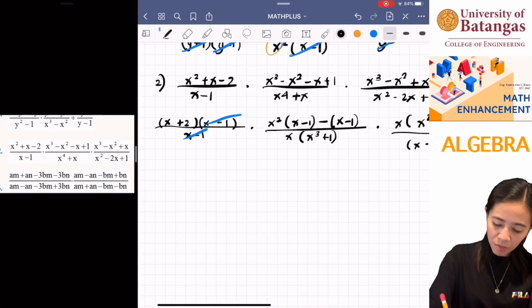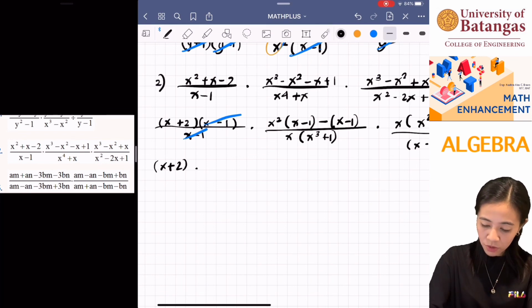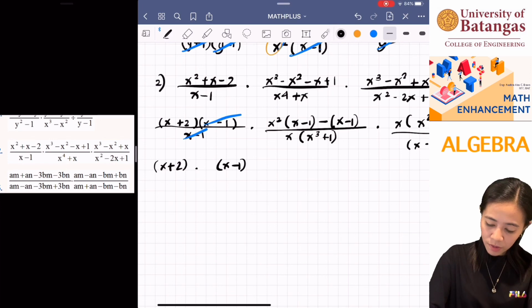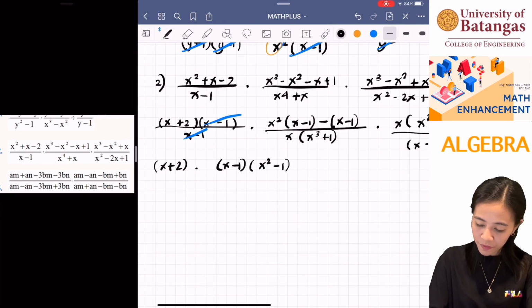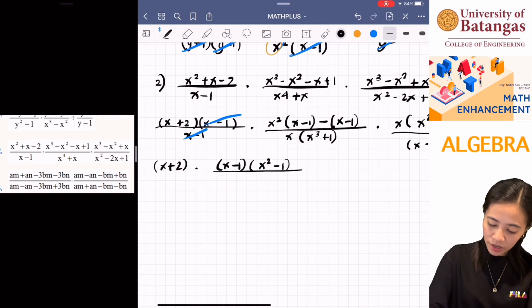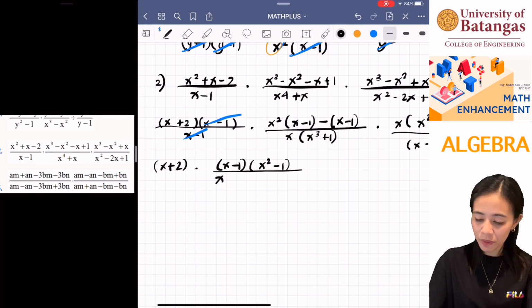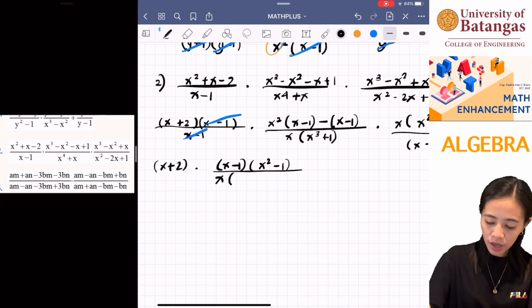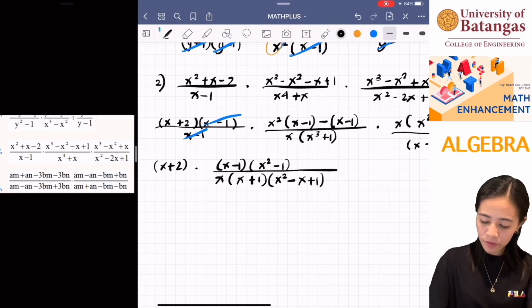So, I'll just copy x plus 2, multiplied to, I can factor out x minus 1, that would be x squared minus 1. All over x. This is sum of cubes, so pwede pa natin i-factor yan. Sum of cubes na yan. Take the cube root of each, and take the square. So, x squared, pero magiging minus na, minus x plus 1, di ba?